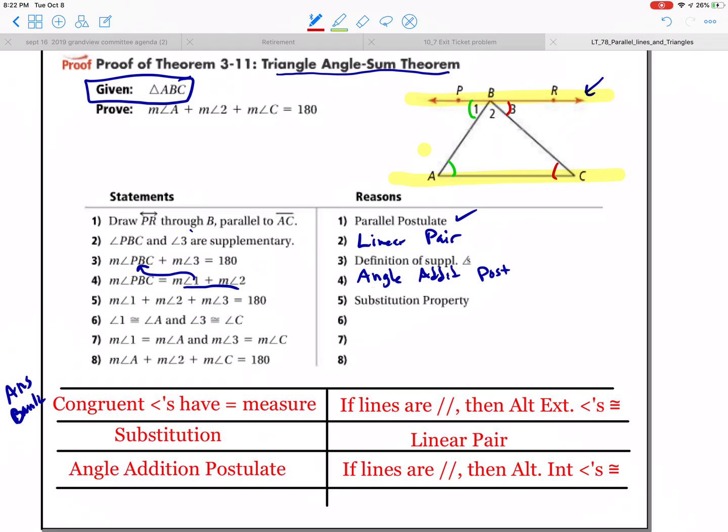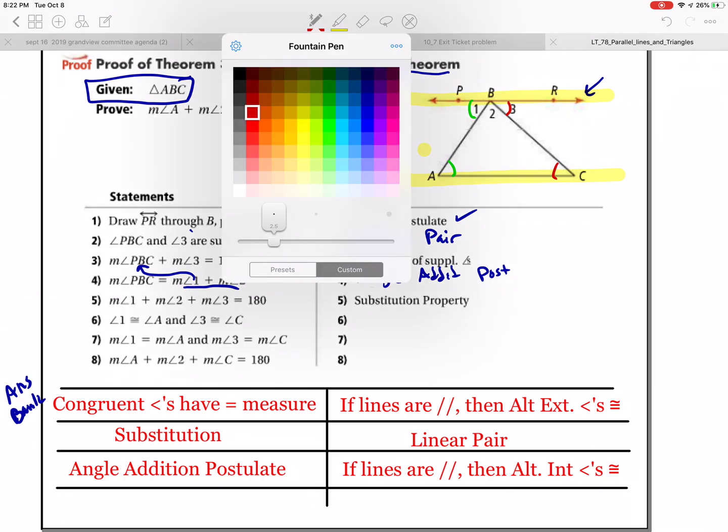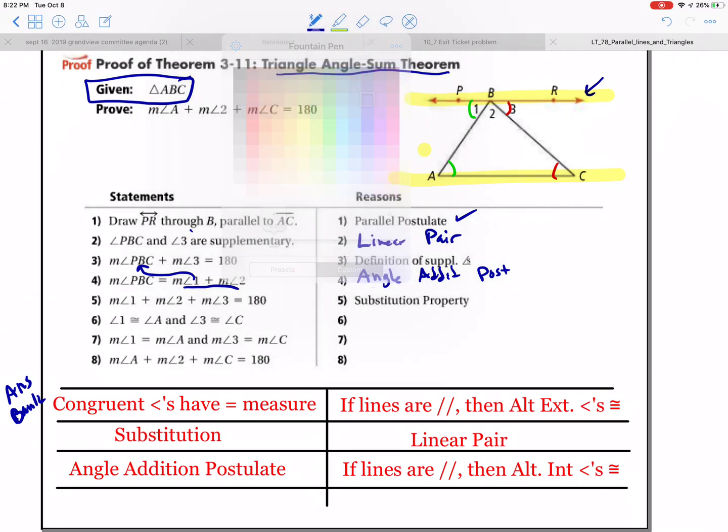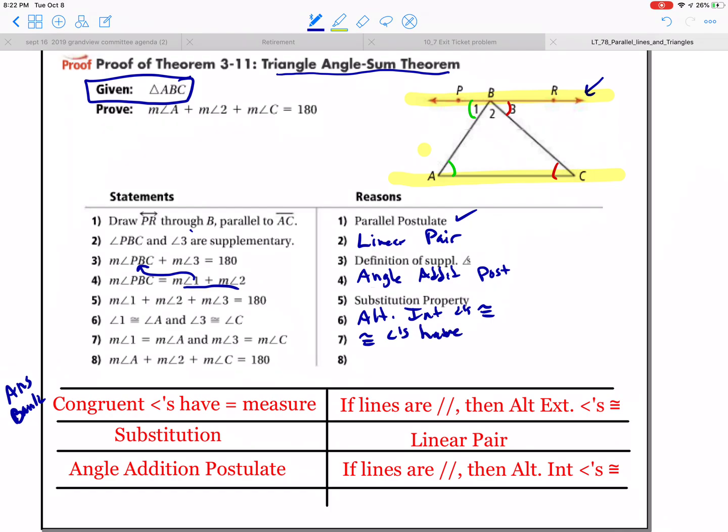So when we have parallel lines, we have alternate interior angles congruent. So for 6, we end up getting alternate interior angles are congruent. Then I've got the measures are equal from the congruent, and that is because congruent angles have equal measure.